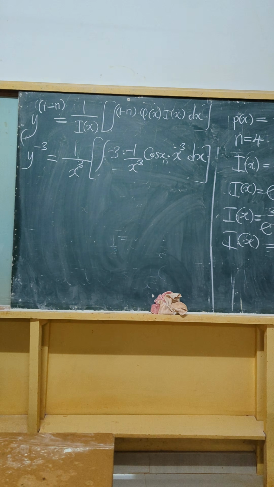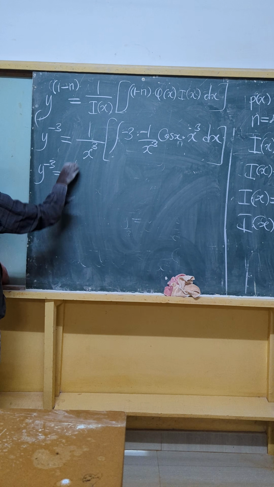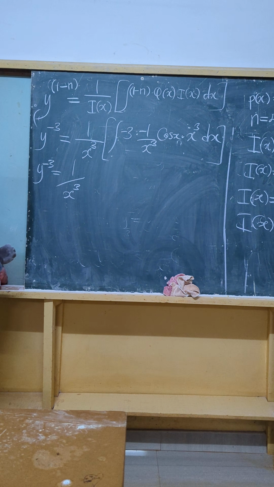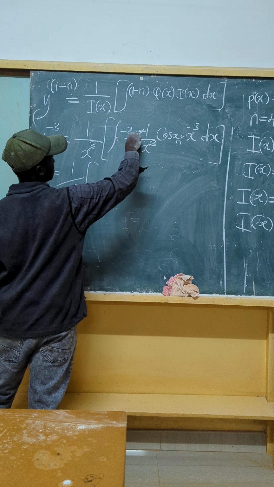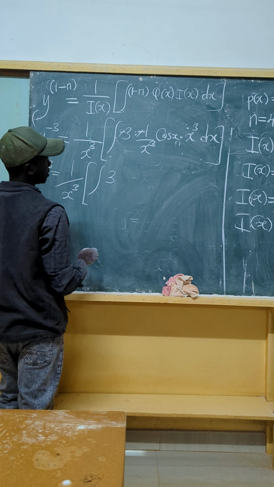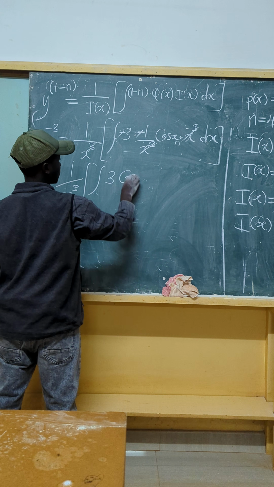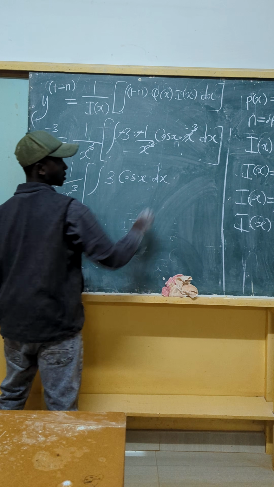So next, y to the negative 3 equals 1 over x cubed, because the x cubed terms cancel, and we remain with 3 cos x dx.